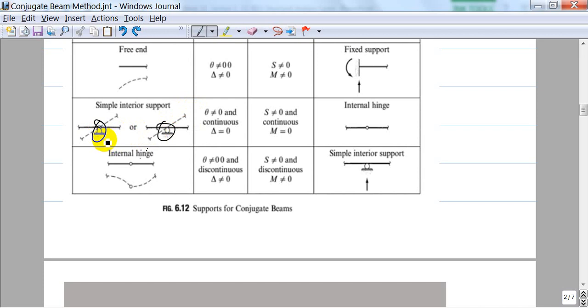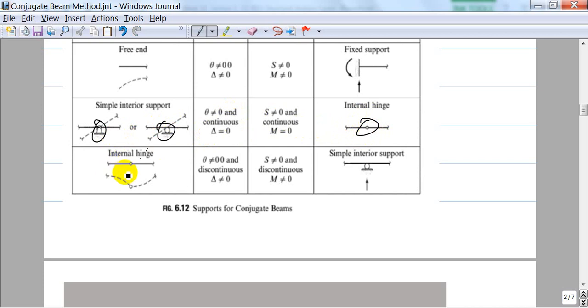So in a conjugate beam you can have shear force but you cannot have moment. If you cannot have moment in a conjugate beam, that point should be a hinge. So it's a hinge in a conjugate beam. So if it's an internal pin or roller in the real beam, it becomes an internal hinge.